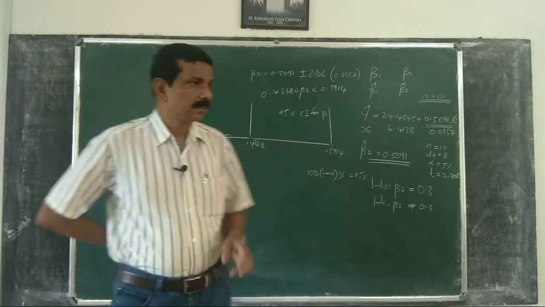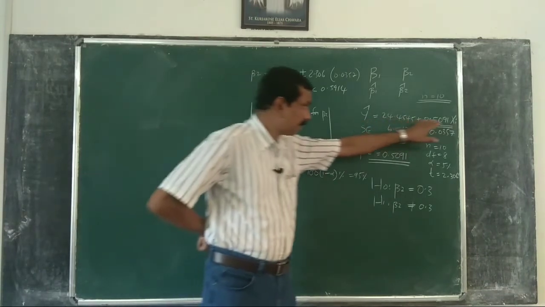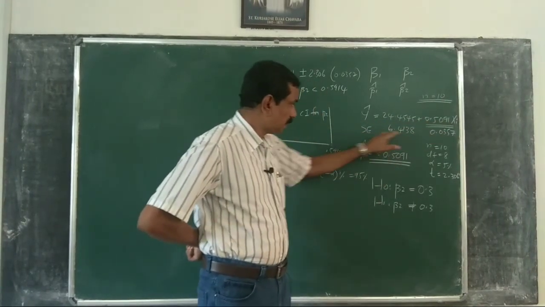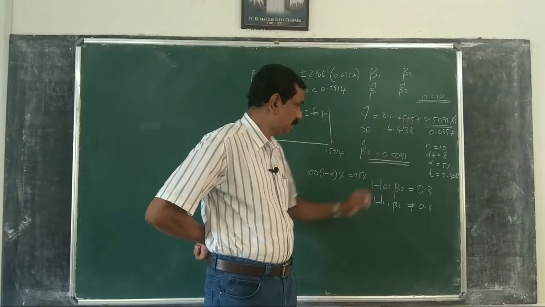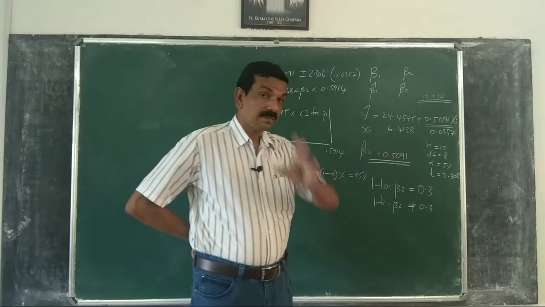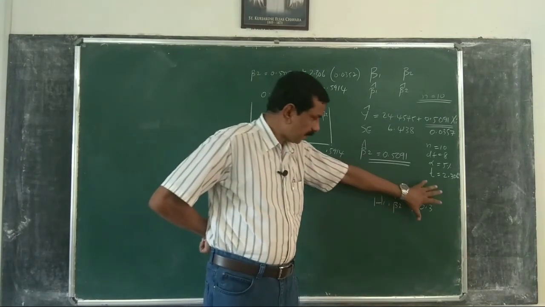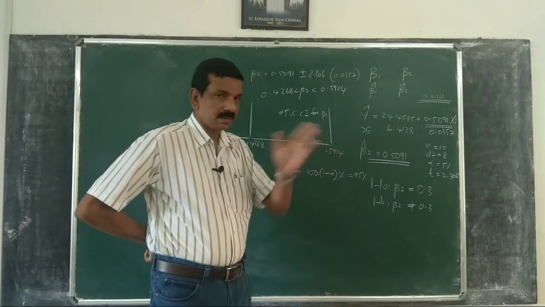And this is the confidence interval approach. Estimate the parameters, calculate their standard errors. Using the standard errors of the estimators, construct the 100 times 1 minus alpha percent confidence interval. If the hypothesized value is in the interval, accept H0, otherwise reject H0.